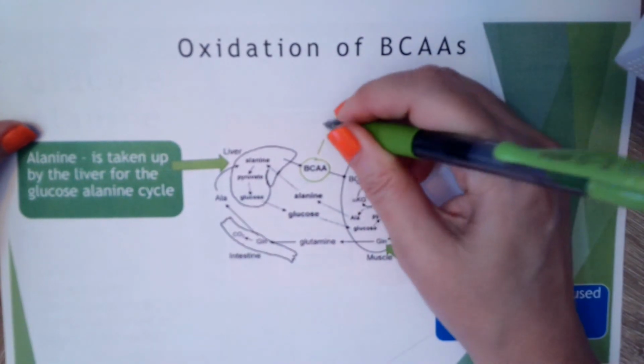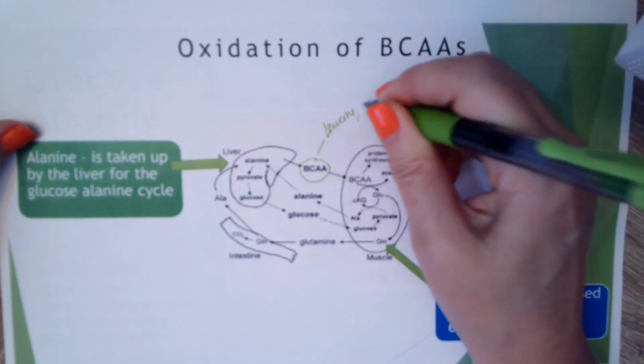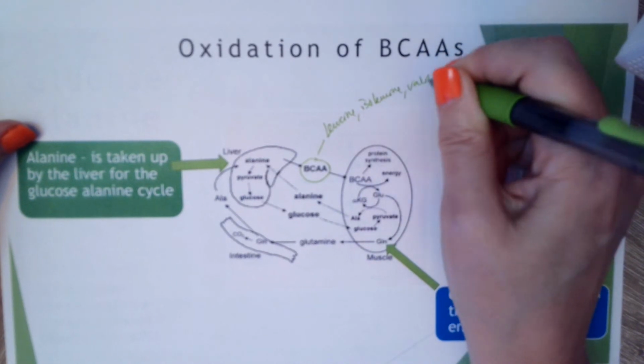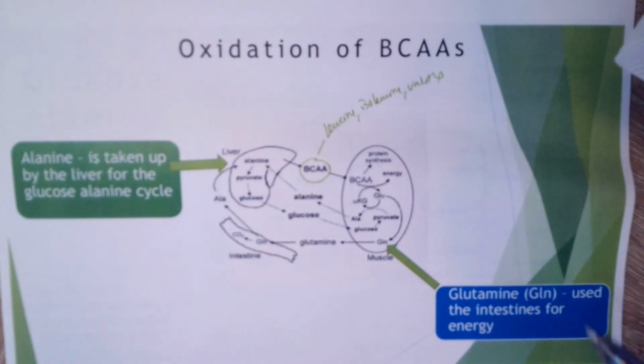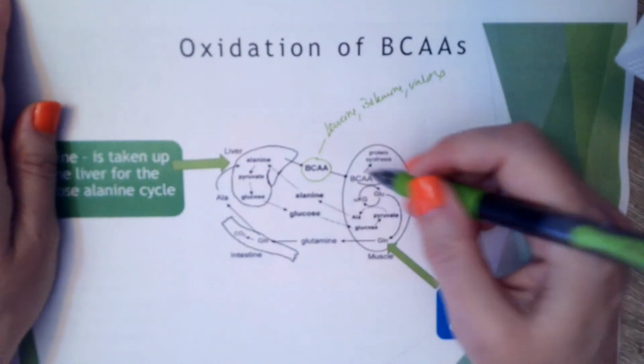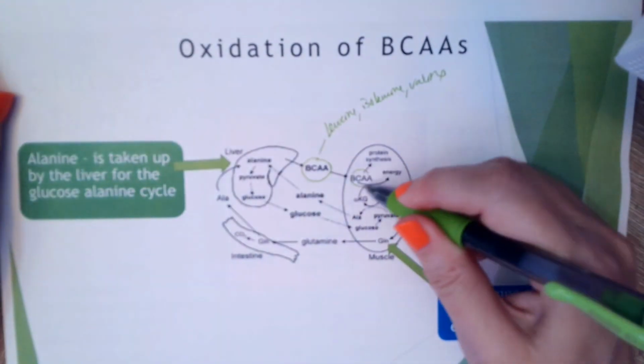So this could be leucine, isoleucine, or valine. Okay, so it could be any one of them, and we'll just follow that. Let's start in the muscle.